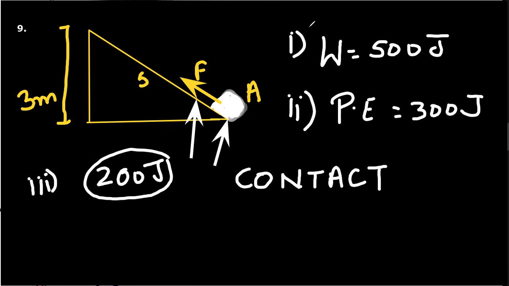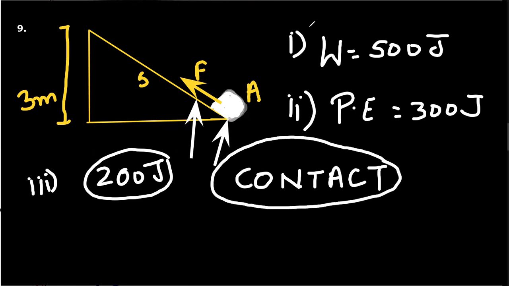contact forces. When the objects are in contact with each other, there comes friction between the two objects. And because of that frictional force, there is a certain loss of energy, and that loss in energy occurs as heat energy. Because of friction, heat energy will be in this system.